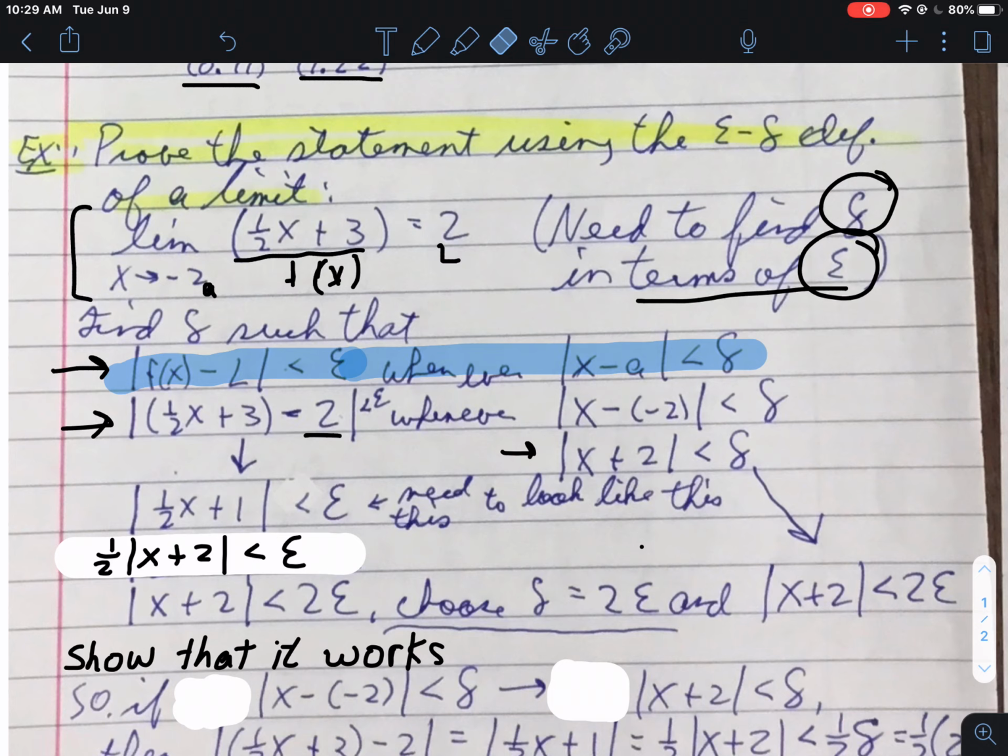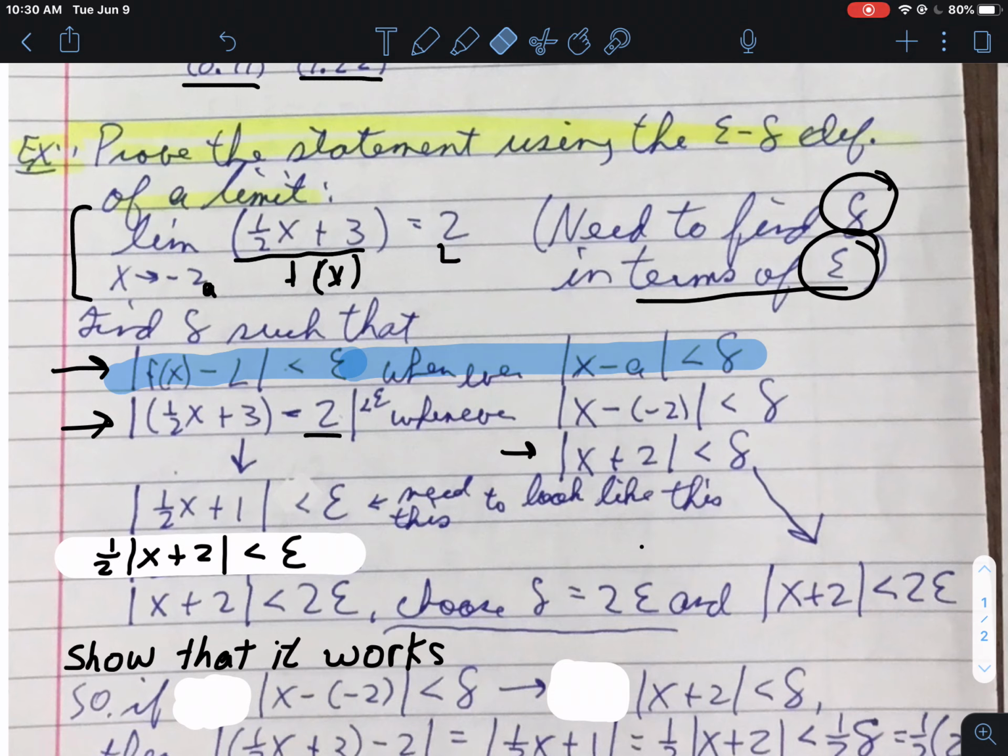There we go. All right, so I need to turn that left side where I have the comparison to delta. I want some version of the absolute value of x plus 2, so that I can compare the epsilon to the delta if I have the same comparison on the left and on the right.